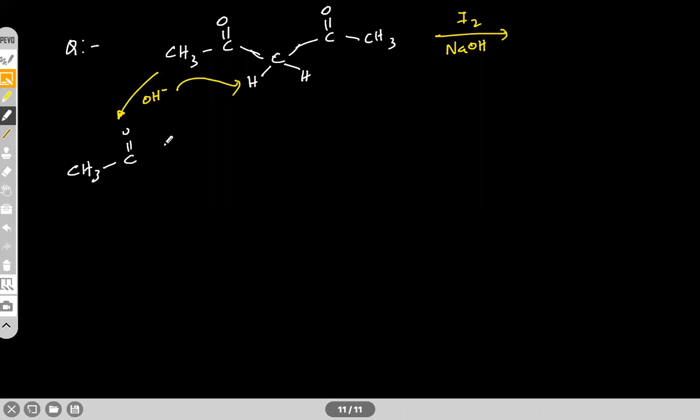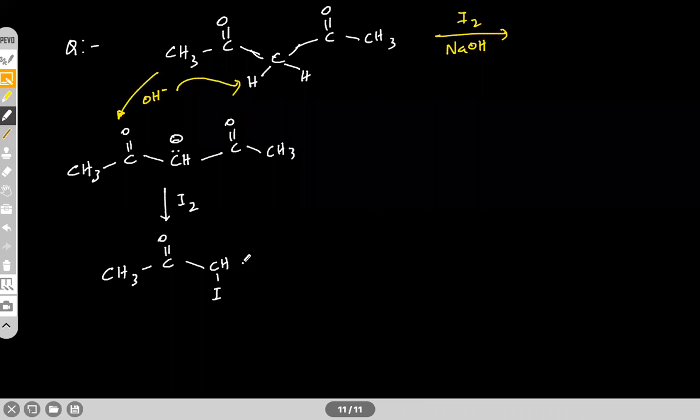It converts into CH3, C double bond O, CH negative, C double bond O, CH3, which then reacts with I2 and converts into CH3, C double bond O, CHI, C double bond O, CH3.